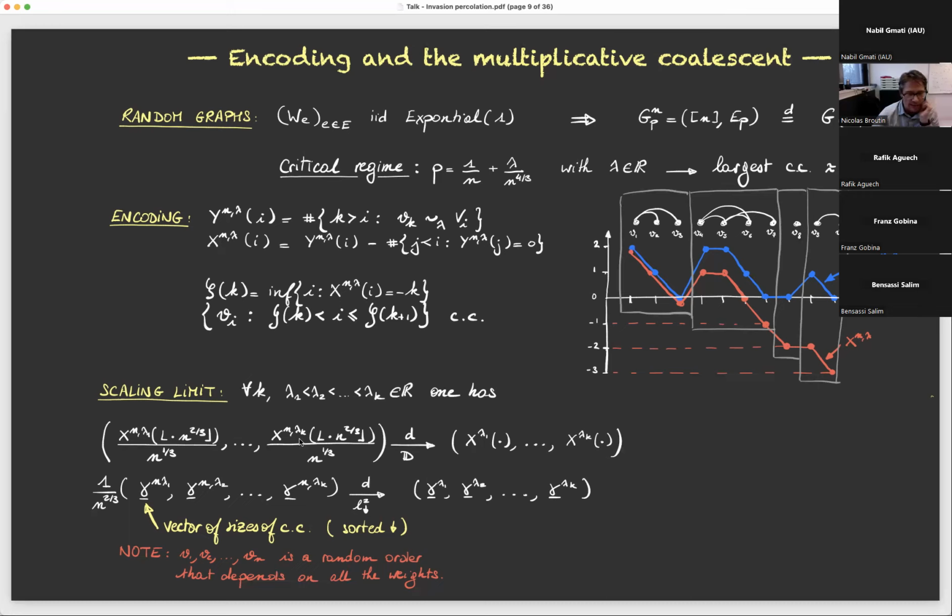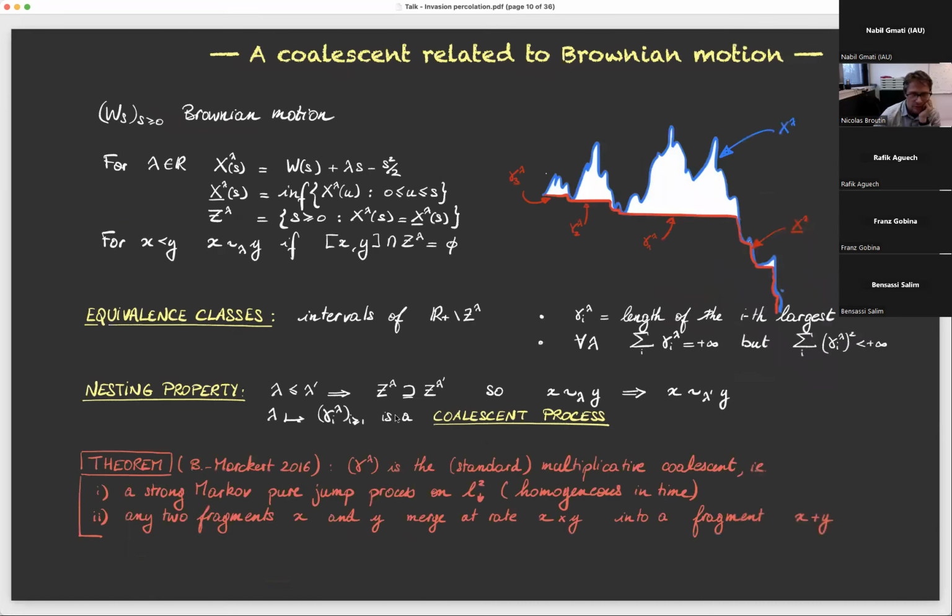So I will go to the next page and I'll come back after. So you can define xn lambda with a single Brownian motion. You add a drift, which is lambda s minus s squared over 2. And the lambda is really the lambda from the probability.